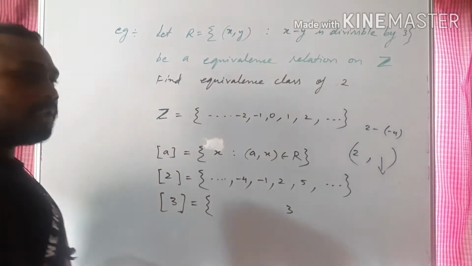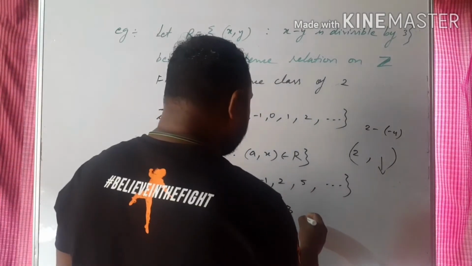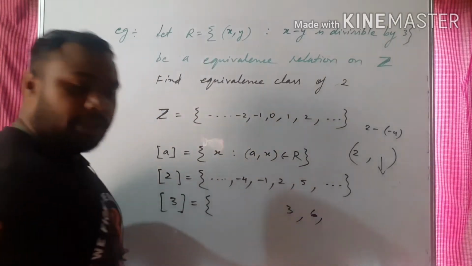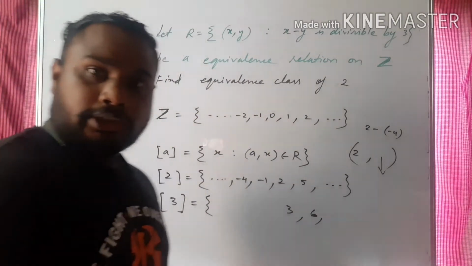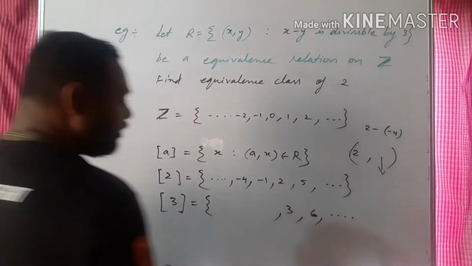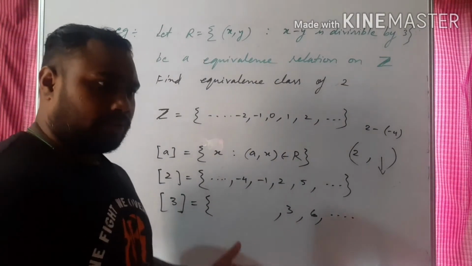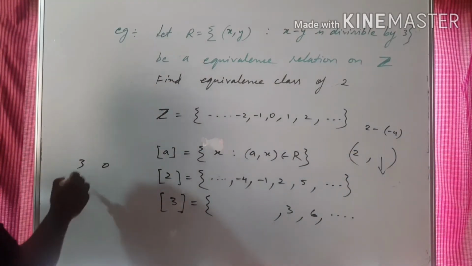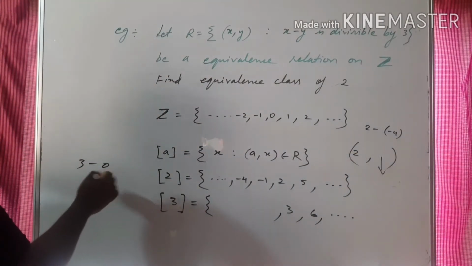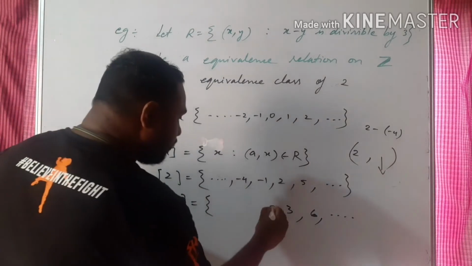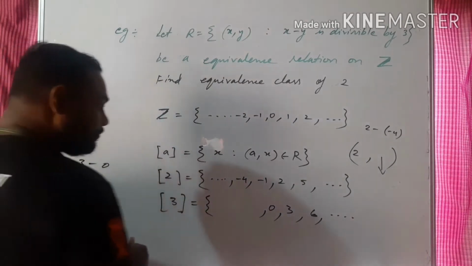After that 3 minus 6 will be minus 3, which is divisible by 3. Likewise 3 minus 0 will give you 3, so it is divisible by 3. So I can write here 0. The value of x can be 0.